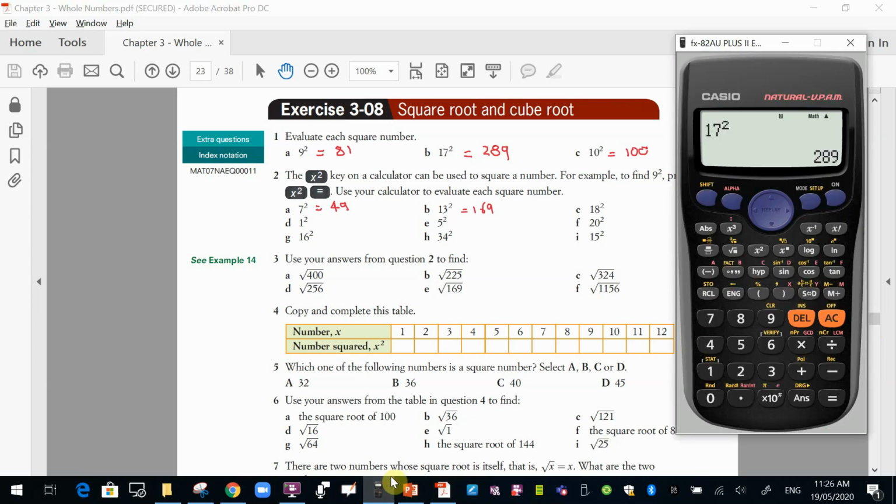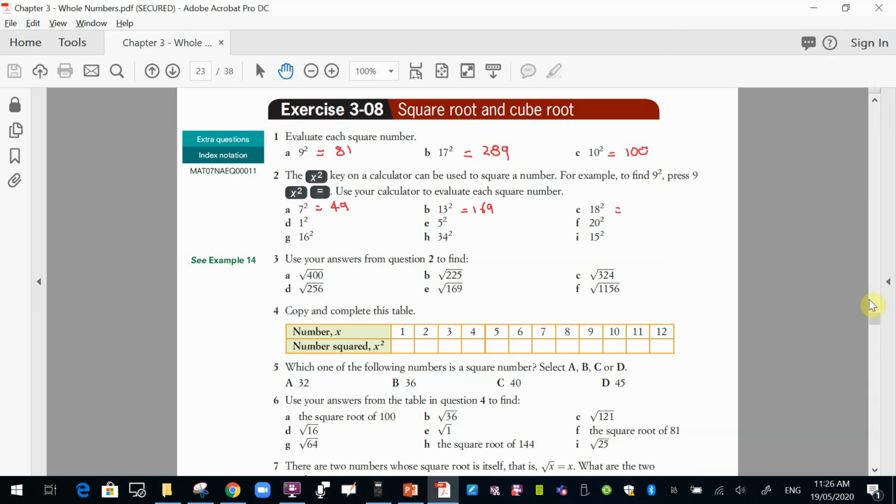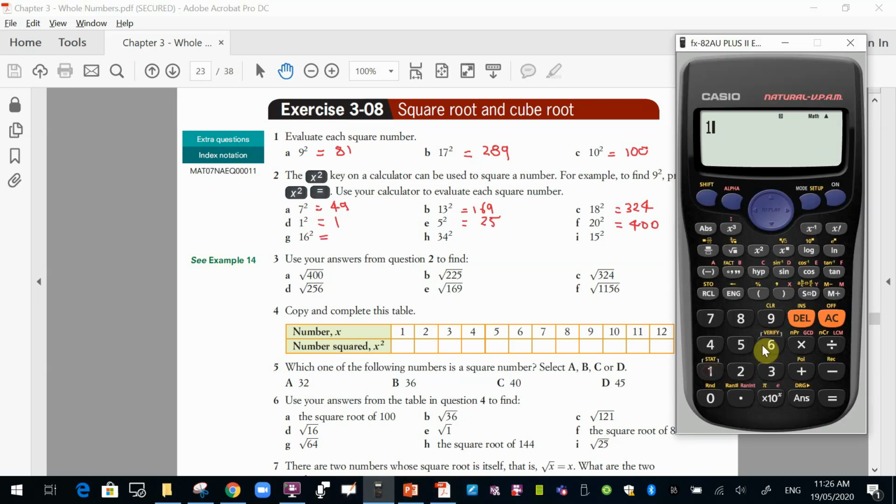I don't know what 18 squared is. 324. 1 squared is 1 times 1. 5 squared is 5 times 5. 20 squared is 20 times 20. 16 squared, I don't know. 256.